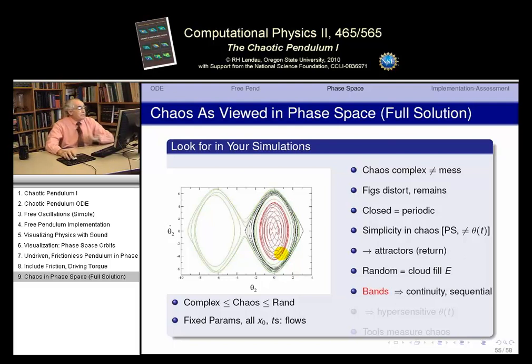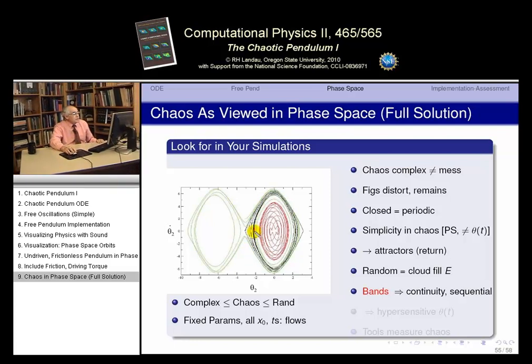And these bands, these dark bands you can see here, are very interesting. What do those dark bands represent? Well, here you see it, here it comes around, you see some here in red. They mean that the system is sort of flowing from one set of conditions to another set of conditions, one phase space diagram, one ellipse to a nearby one, continually.